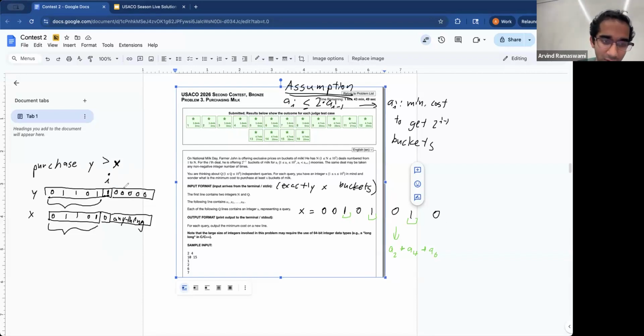And for the case where y is greater than x, you can do casework on where these bits disagree. Before that, they're all equal, and after that, they're all equal to 0, right? And then the answer for this case i is going to be the sum of the costs corresponding to these powers of 2, right? Any questions?